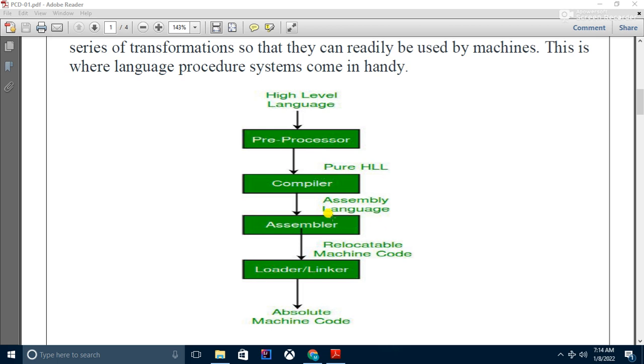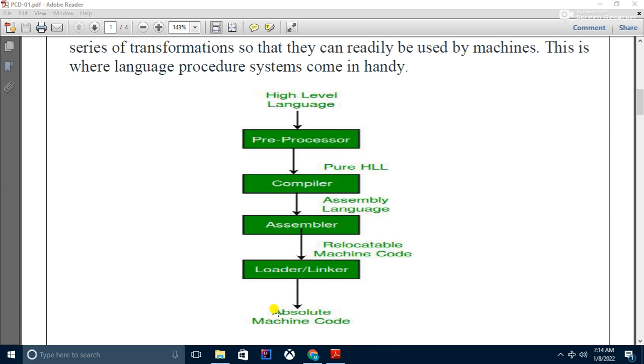And by the use of the assembler, loader and linker, for linking them with the different libraries, the entire process is responsible for converting that high level language program into machine language.